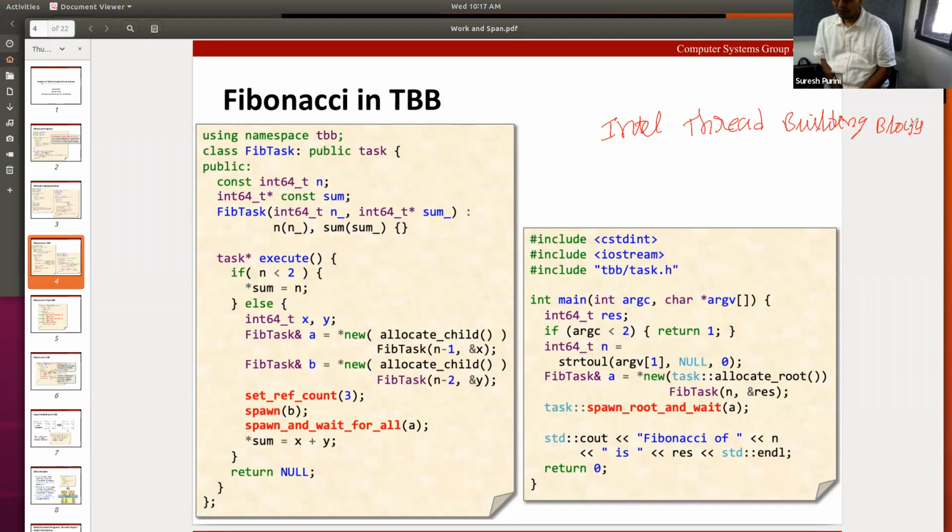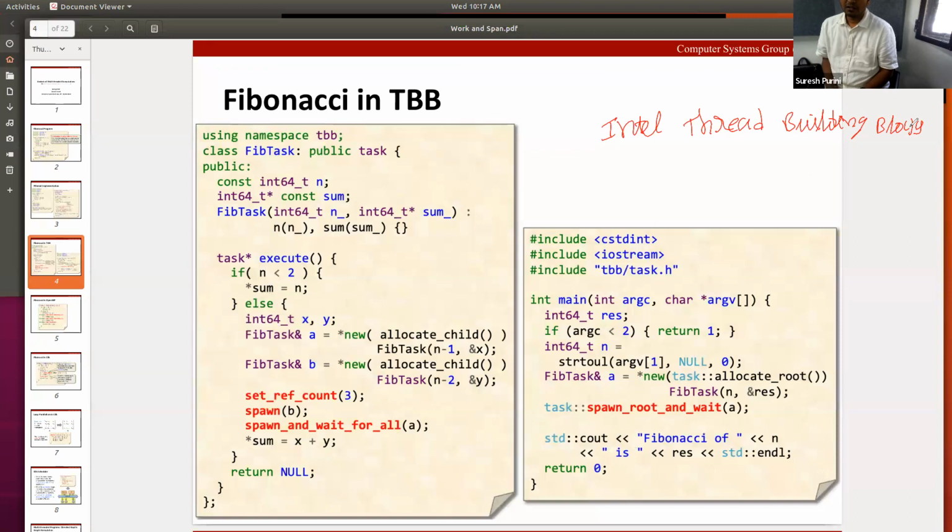Again, this looks a bit complex, but TBB is based on C++. The host language is C++.